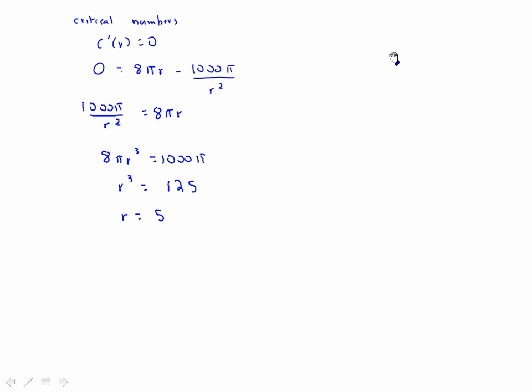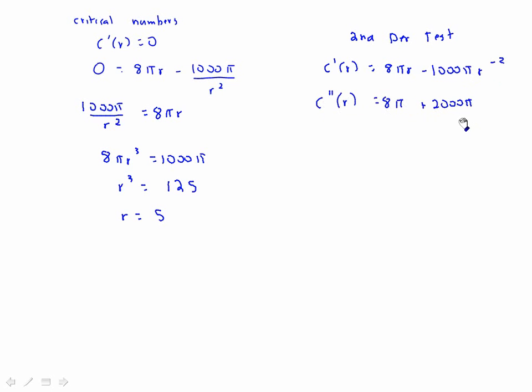So now, let's quickly do the second derivative test, and as always, we're not expecting anything to change. So c prime at r is equal to 8 pi r minus 1000 pi r to the negative 2. So the second derivative, c double prime at r, is equal to 8 pi plus 2000 pi r to the negative 3, so I'll write that on the bottom.